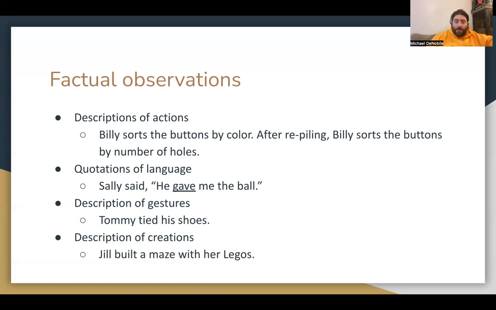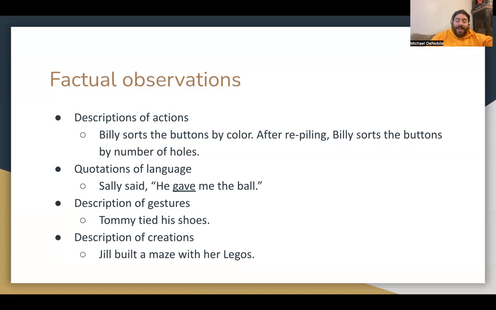You don't know why Billy sorted the buttons by color. You don't know why he sorted the buttons by number of holes. You may need to ask. You may do an interview, which is a different form of assessment. But here, this is a factual observation. This is literally what you saw in that moment.